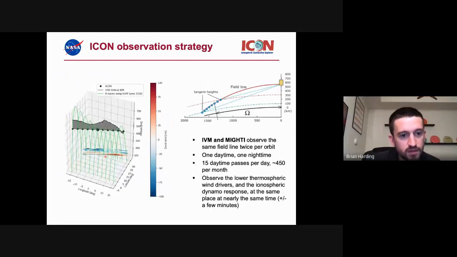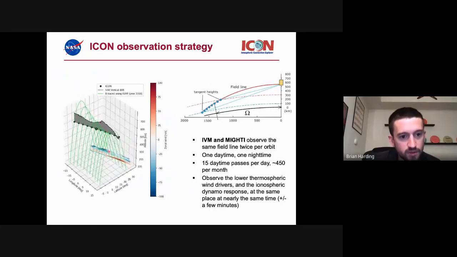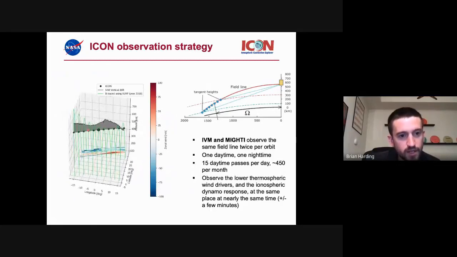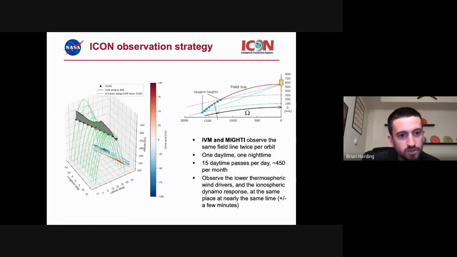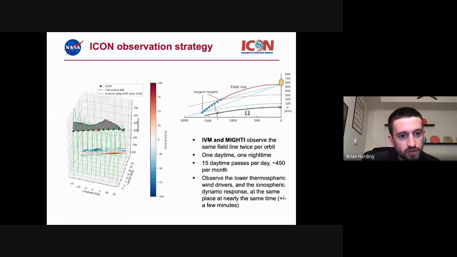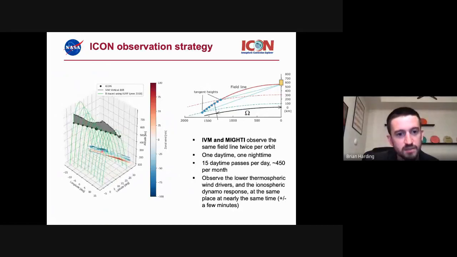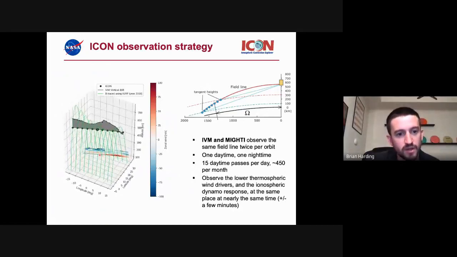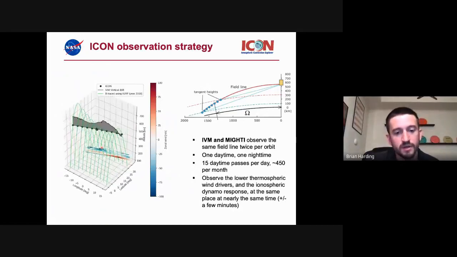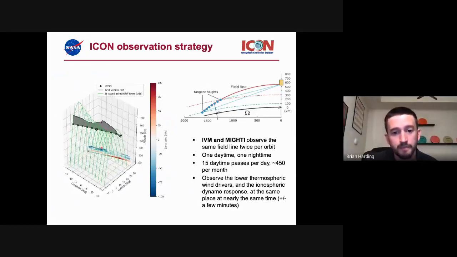And you can see there's, during this time, there's a point where ICON is making a measurement here of the electric field at almost exactly the same time that you measure the winds down in the dynamo region on the foot point of the same field line.